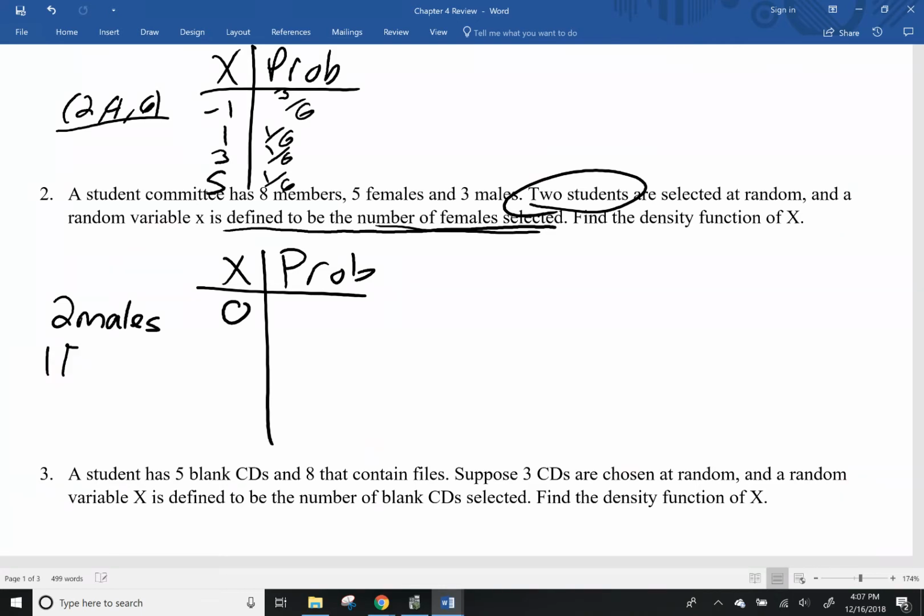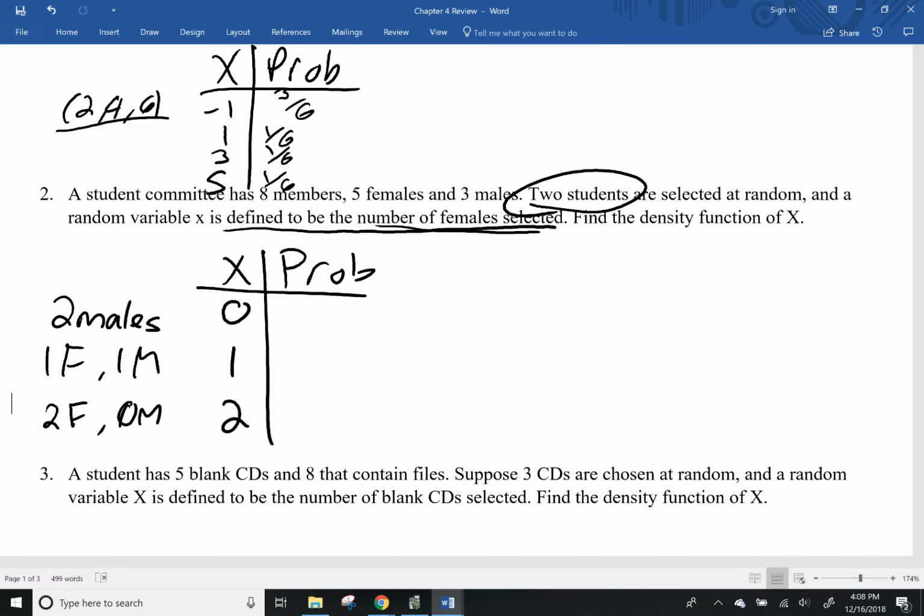I could have 1 female and 1 male, in which case I'd have 1 female. Or I could have 2 females and 0 males, which would be 2 females. So I can either have 0 females of the 2 people I select, 1 of them female, or I could have both of them be female. So 0, 1, and 2 are the numbers of females that could be in my group.